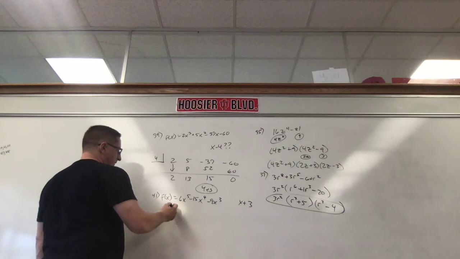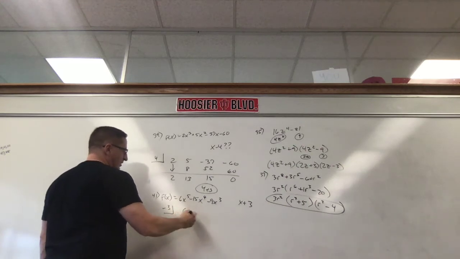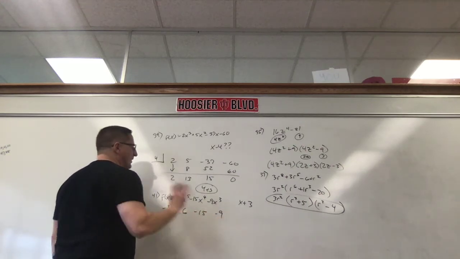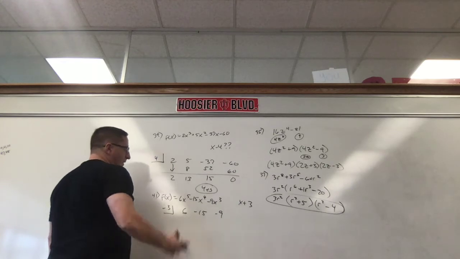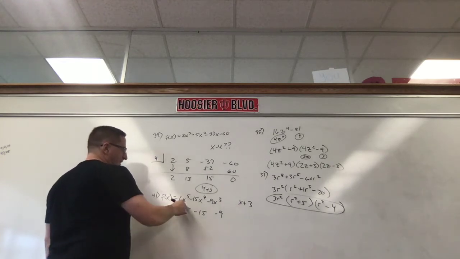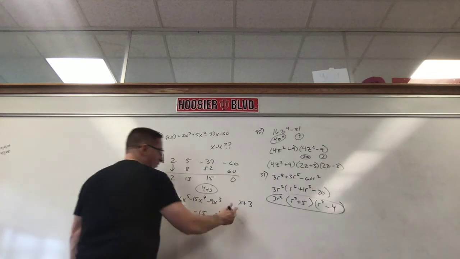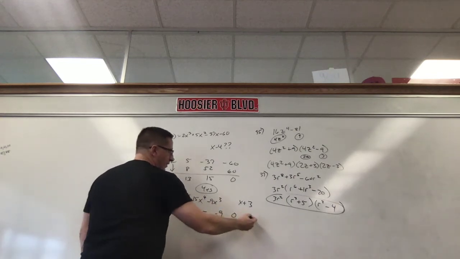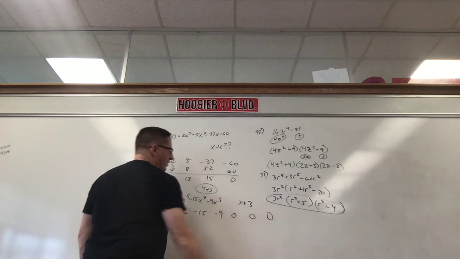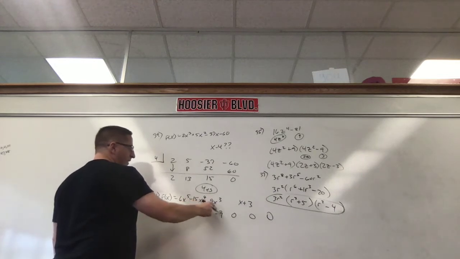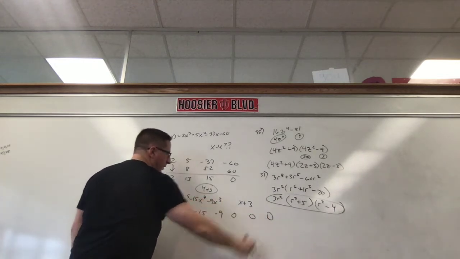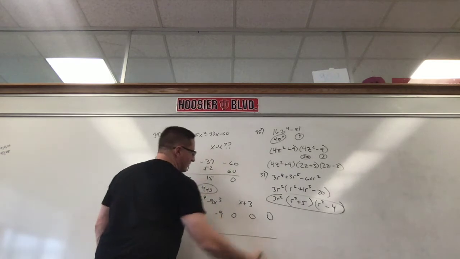Now this one's a little tricky. We're going to put negative 3 in the box, then we're going to put down 6, negative 15, negative 9, but that's not it. We need placeholders. x to the 5th, x to the 4th, x to the 3rd. There are no x squareds, no x's, and no numbers. x^5, x^4, x^3, x^2, x^1, no x's.